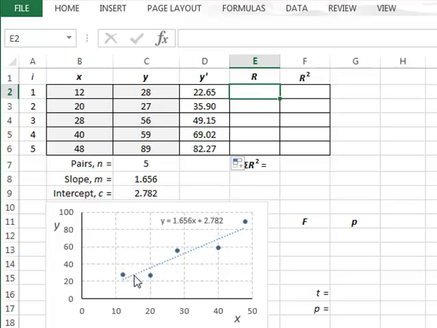The vertical difference between the experimental and the best fit value is called the residual, and we will calculate the residuals just by taking the difference between the y dash value and the experimental y value, and we can copy that same calculation to all of the data points. The simple sum of the residuals will be 0, with the negative values cancelling out positive values.